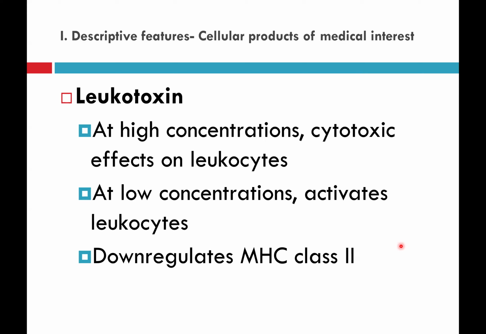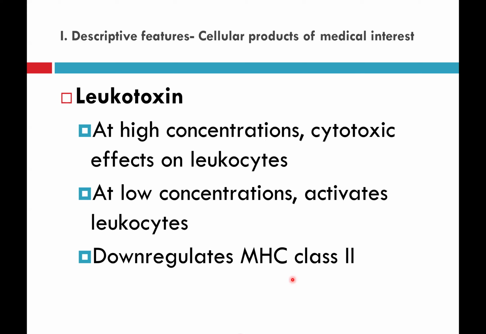So what happens is that some bacteria have the ability to downregulate what is known as the MHC class 2 or the major histocompatibility complex. So the MHC class 2 is basically a way for the host cells to recognize that there is a foreign agent.